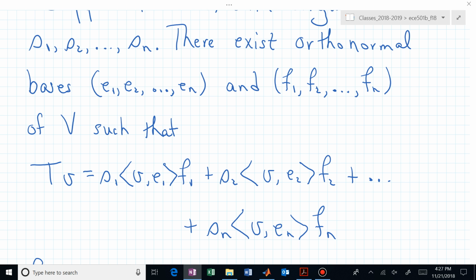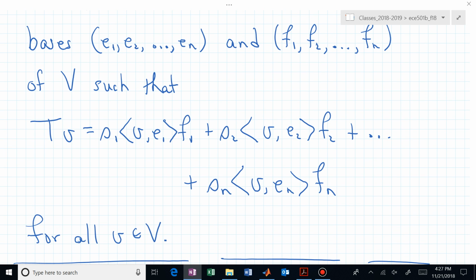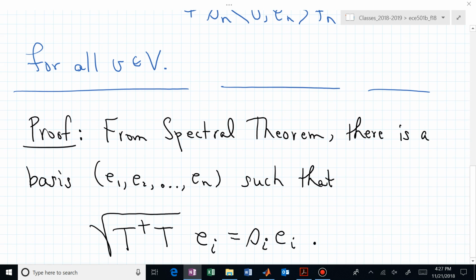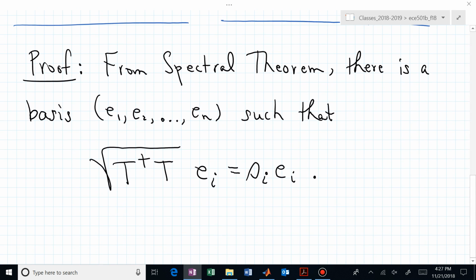We scale those by the singular values, and then we use those weightings to weight this second set of basis vectors, F1 through Fn. That is then defining singular value decomposition. Let's see how that could be shown.